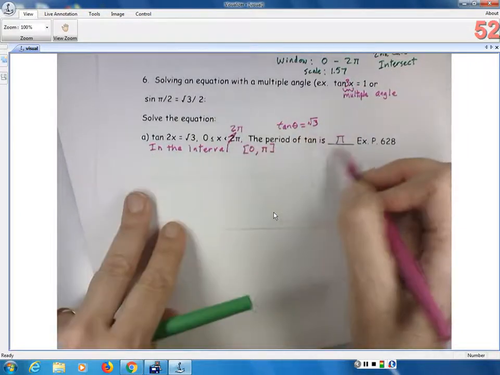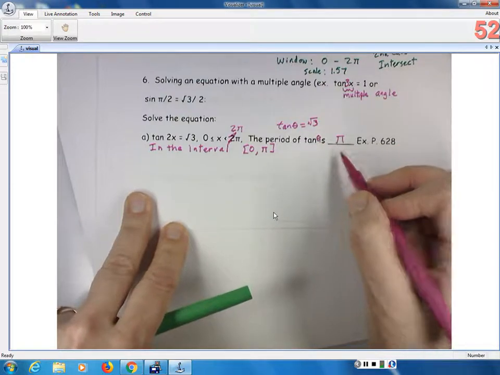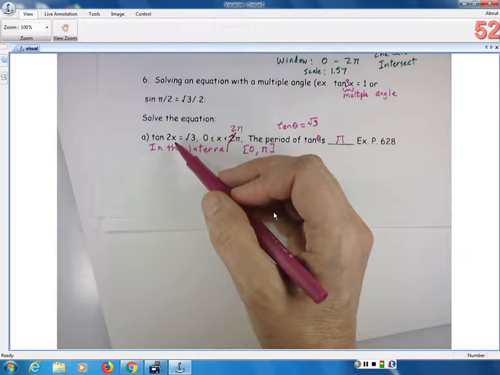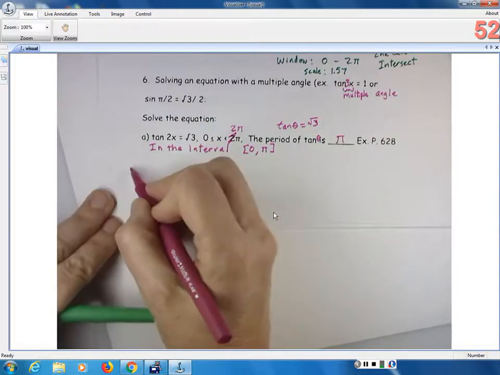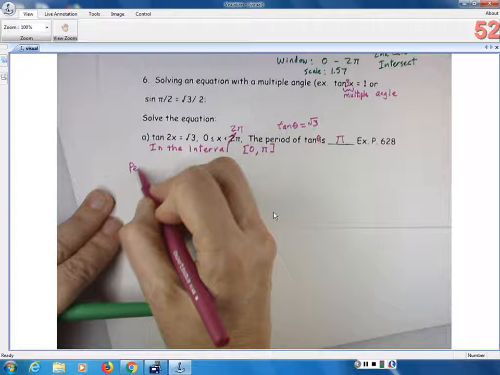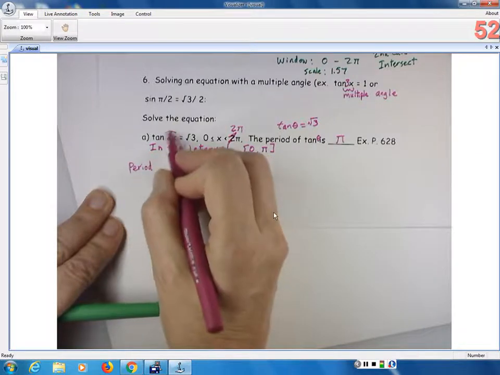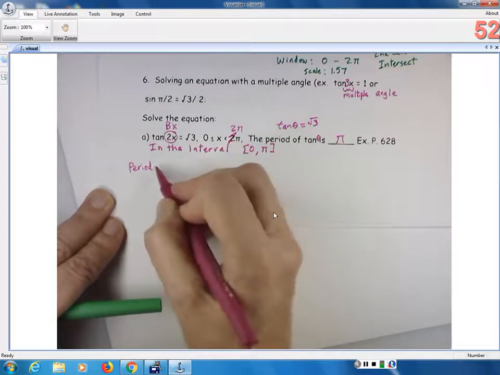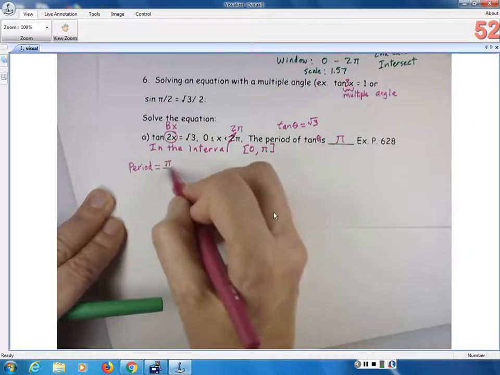The period of tangent theta is pi, but the period of a function with a bx in it for tangent is the period of the regular function divided by b.